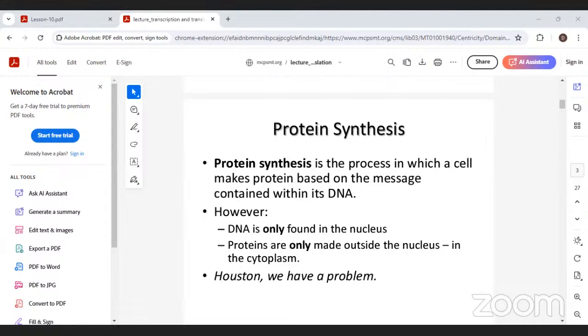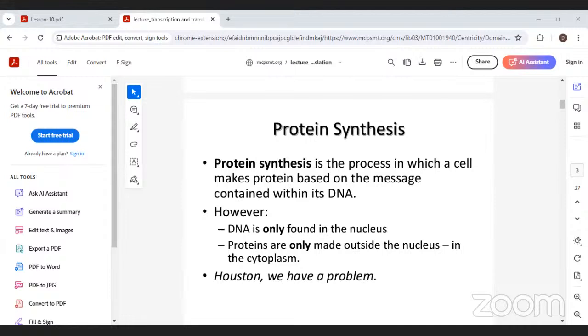Okay. Protein synthesis is the process by which a cell makes protein based on the message contained in its DNA. However, DNA is only found in the nucleus.